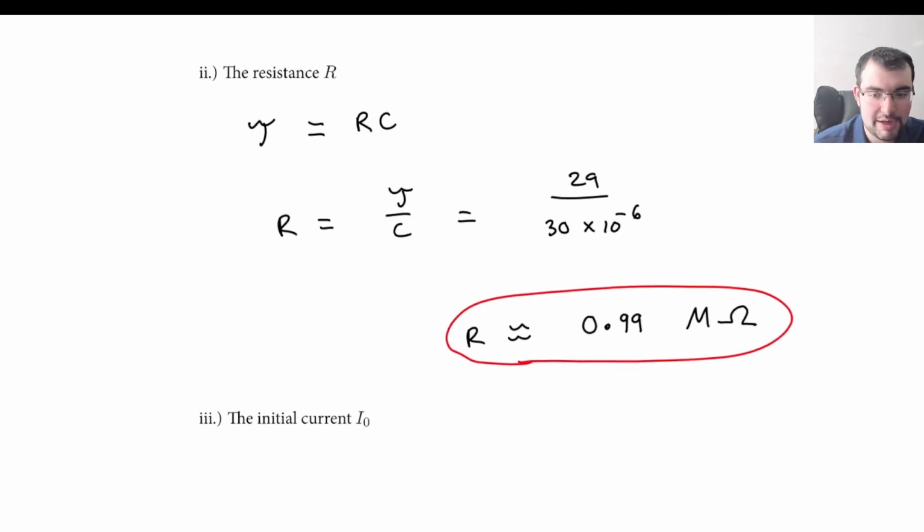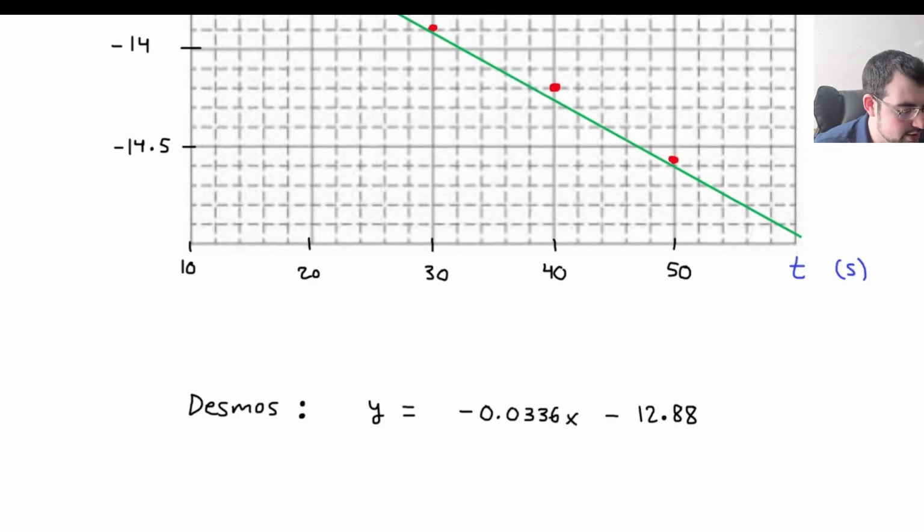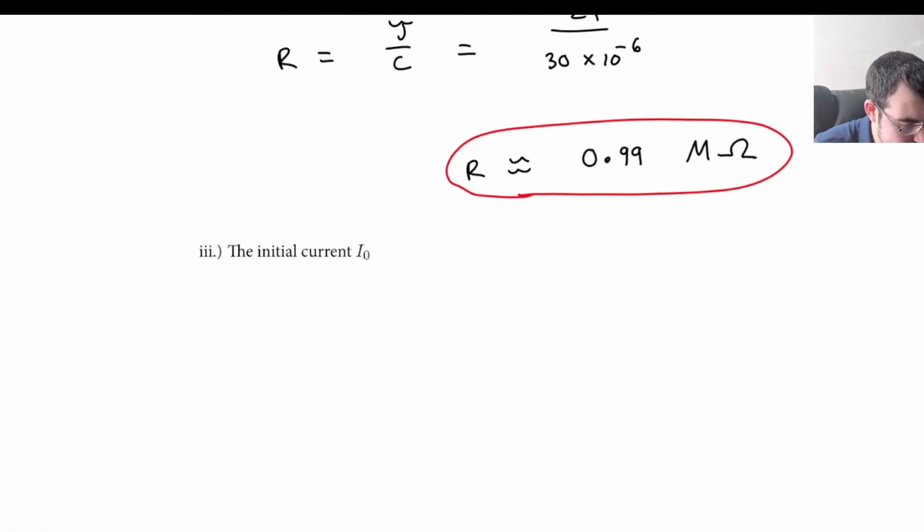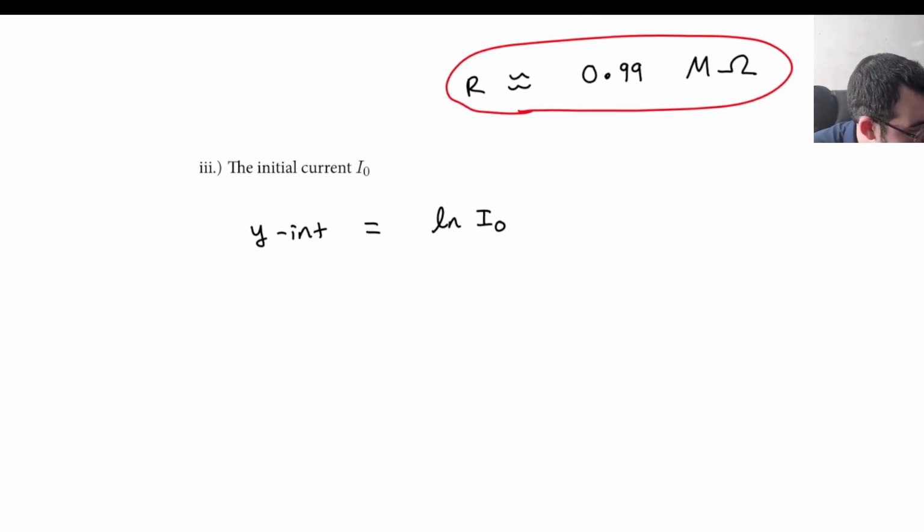And then we'll conclude by finding our initial current I0. So we also can use our y-intercept, because we said the y-intercept of our graph also had significance. It was the natural log of the initial current. So if I solve for initial current, I can e both sides, and they do cancel because e and ln touch each other.